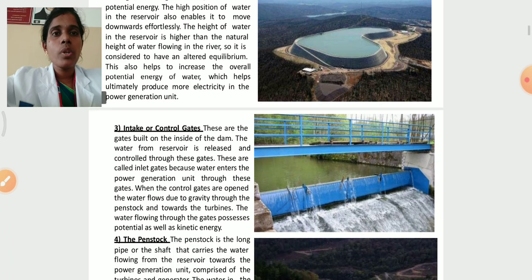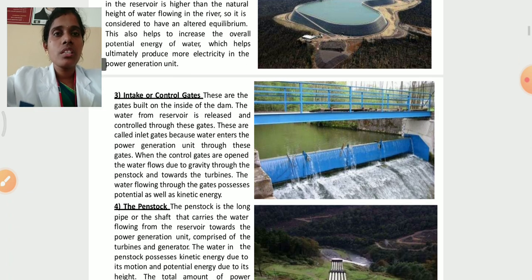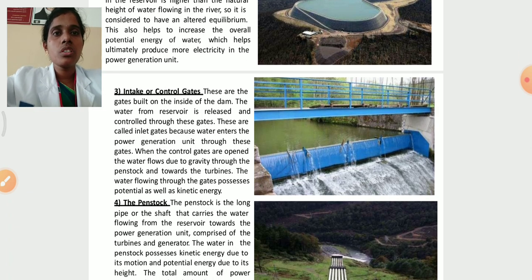The third one is the intake or control gates. The control gates are built inside the dam. Water from the reservoir is released and controlled through these gates. These are generally set as inlet gates, because the water enters the power generation unit through these gates only.